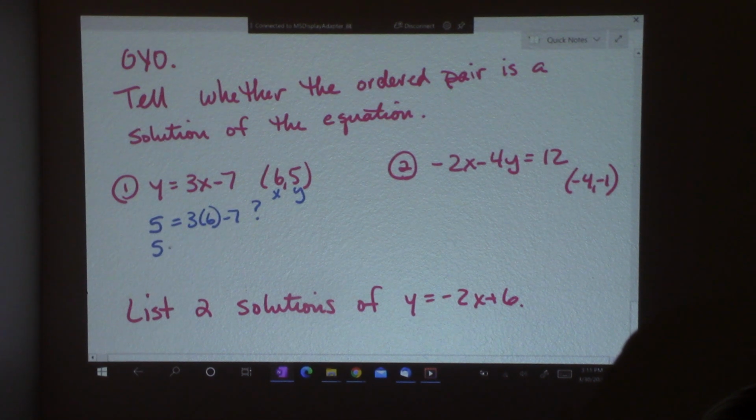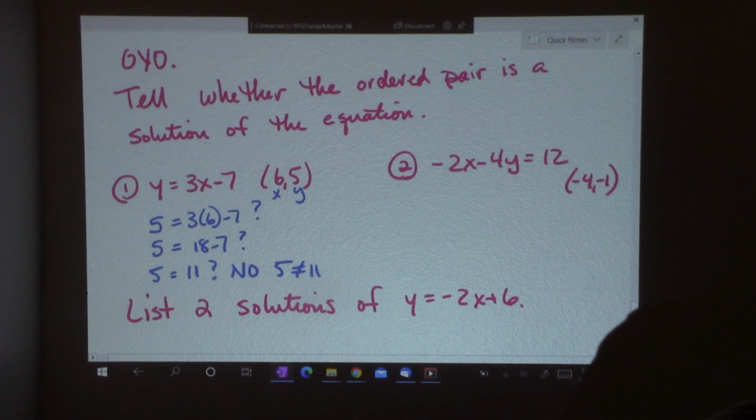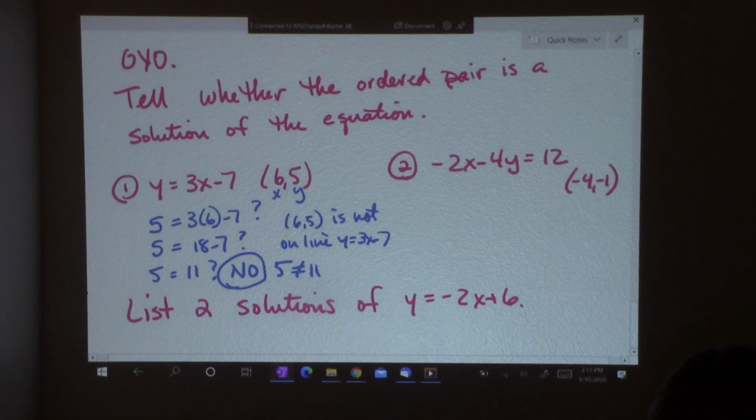Well, let's see. 5 equals 18 minus 7. Does 5 equal 11? No. 5 does not equal 11. So that means that 6, 5 is not on the line y equals 3x minus 7.